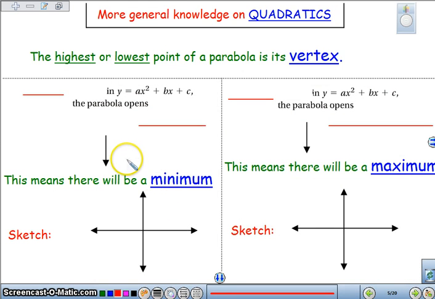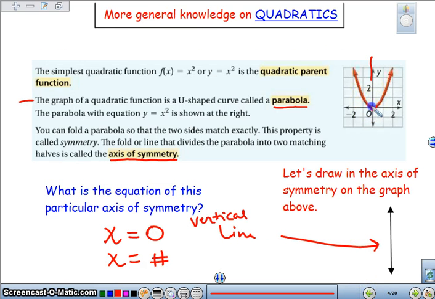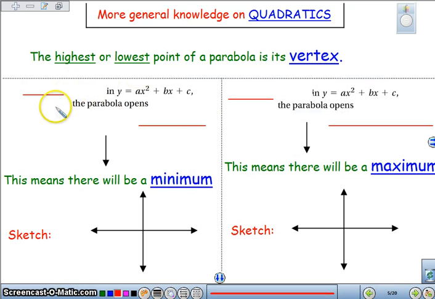So when we talk about our quadratics, we're going to have some special points, the highest and lowest. These are points on our parabola, and it's the point that is our vertex. So this point right here is called the vertex of our parabola. If a happens to be greater than 0, then the parabola is going to open up.